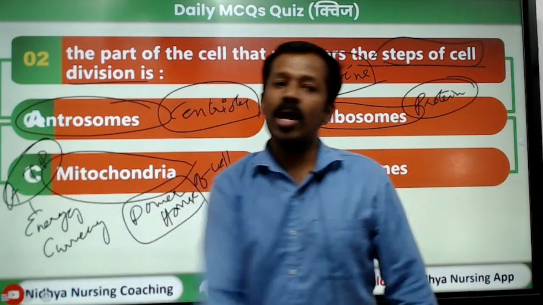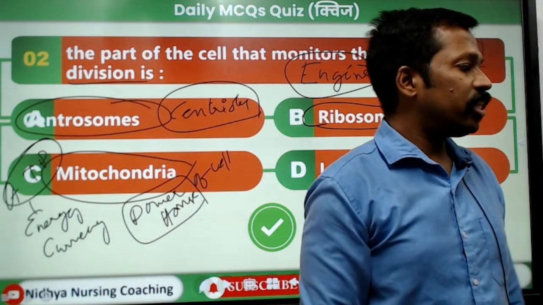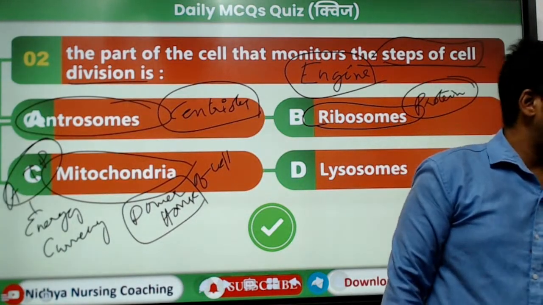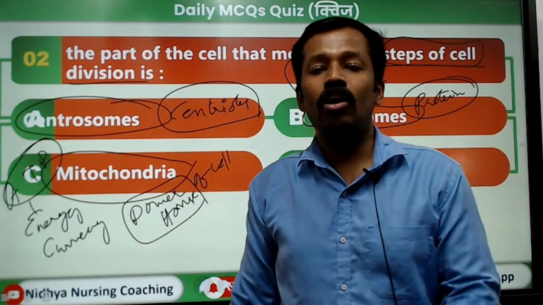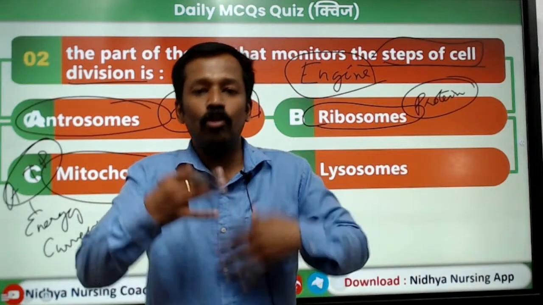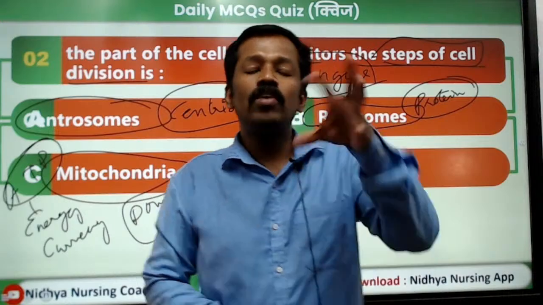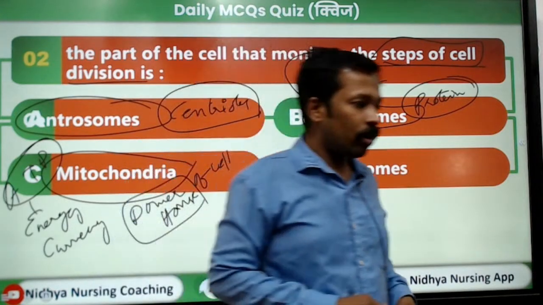ATP is known as energy currency. And what is the engine of the cell? The engine of the cell is called the ribosome. Ribosomes are called the engine of the cell because they are synthesizing protein with the help of the endoplasmic reticulum. Got it?